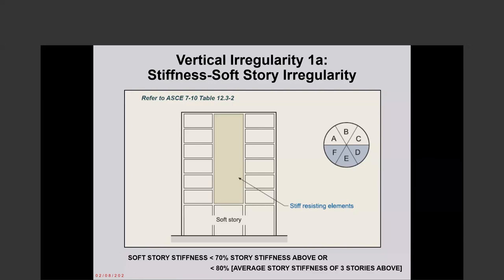Quite often it is, but many times it isn't. So soft story stiffness is less than 70% of story stiffness above, or 80%, this is or, not and, or 80% of the average story stiffness of 3 stories above.